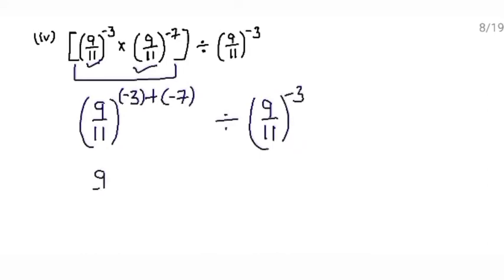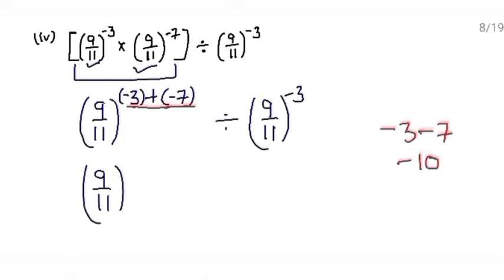Now 9 upon 11, solve this part, minus 3 plus minus 7. Signs are same, so values will be added, 10, and sign will be of the greater numeral, which is minus 10. So this will become minus 10 divided by 9 upon 11 raised to the power minus 3.